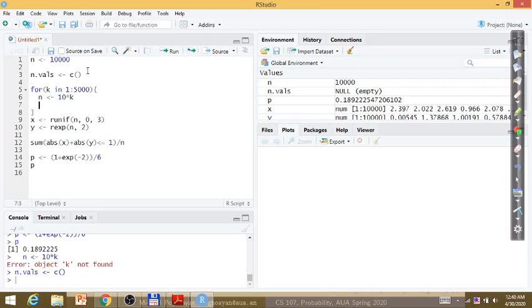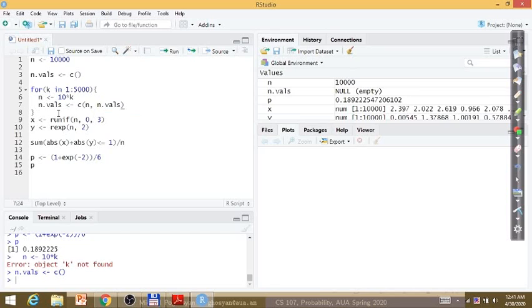So I will have, in fact, n equal to 10, then 20, then 30, etc., up to 50,000. Well, I can do that, of course, in other ways, but I am writing it in this way. That's okay. So I'm updating that n vals, concatenating that n with n vals.